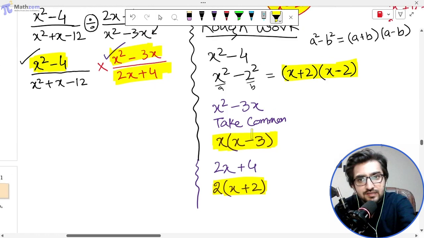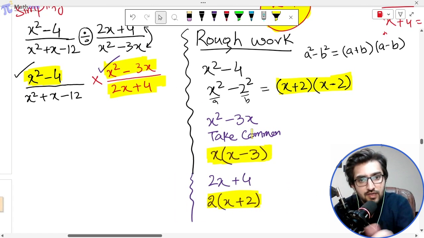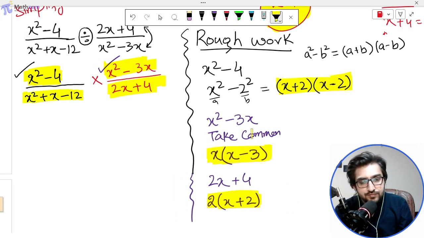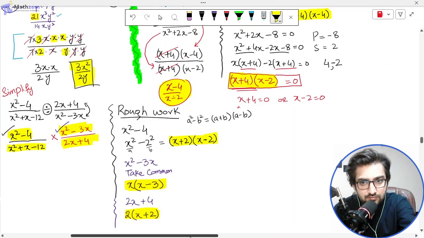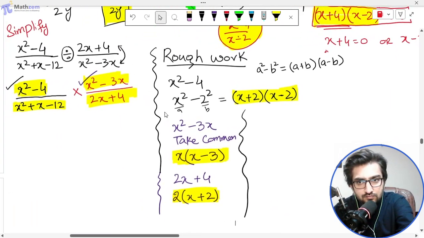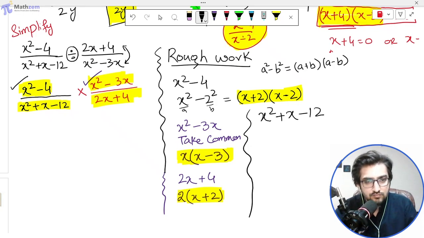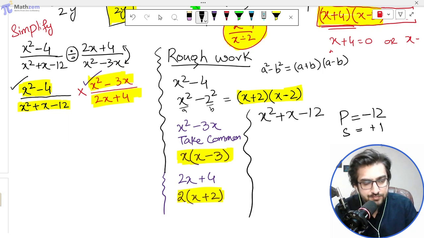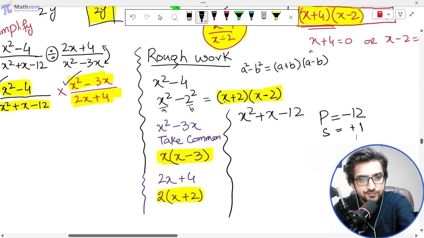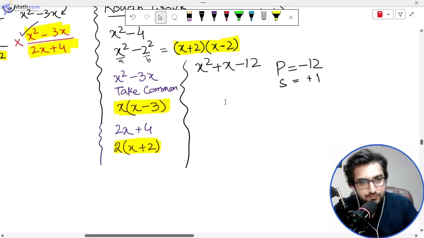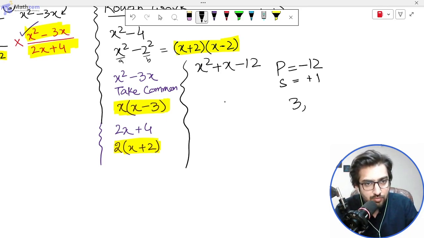And now finally let's write the quadratic equation and solve that one, the last one. So the quadratic equation, now I will solve this question by factorization. So product is equal to minus 12, sum is equal to plus 1. So the pair will be 3 and 4, 3 comma 4, but one of them, this one is minus, that one is plus, so then yeah, that is possible.